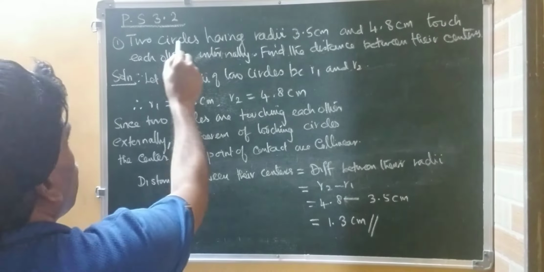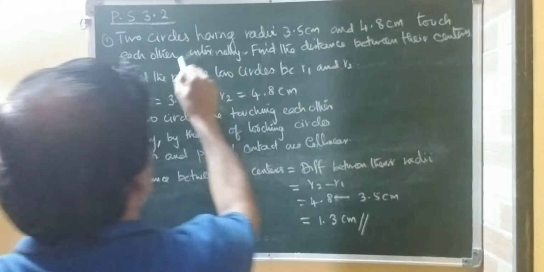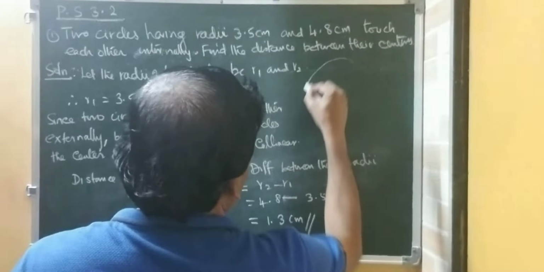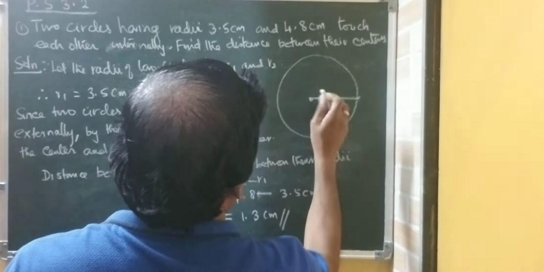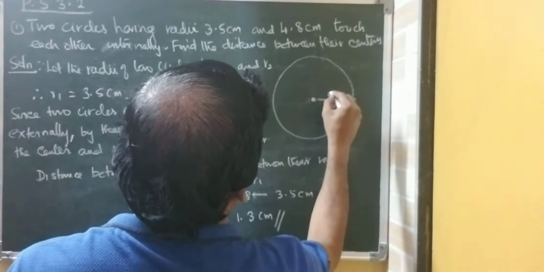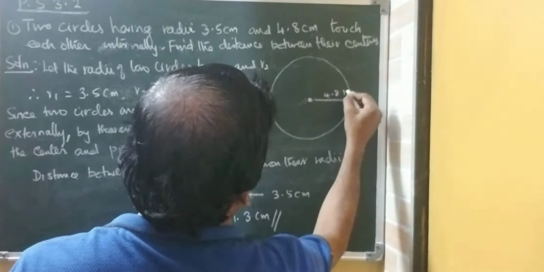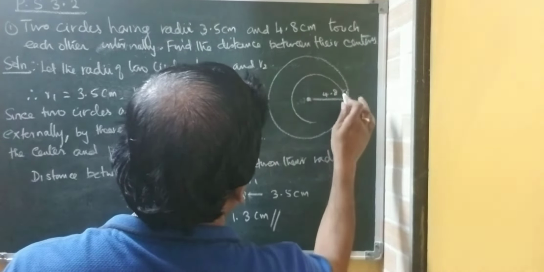See, first sum: two circles having radii 3.5 and 4.8 touch each other internally. So, there is a bigger circle having radius 4.8, that we will take as R1. Then another circle.